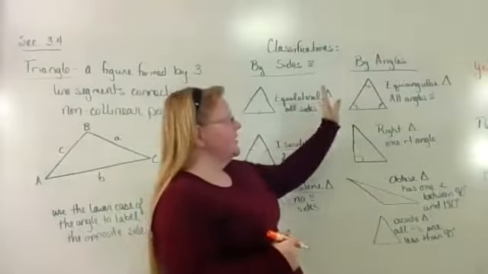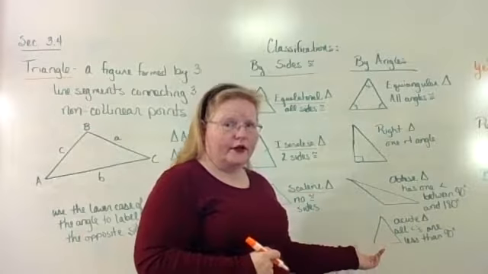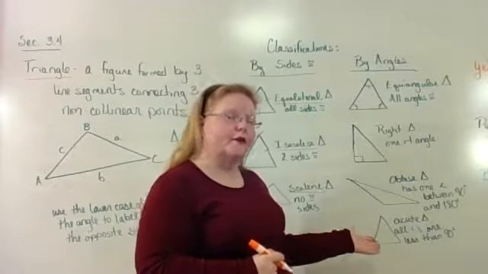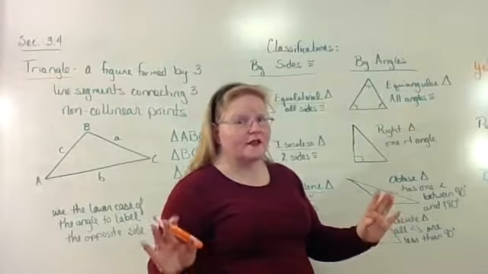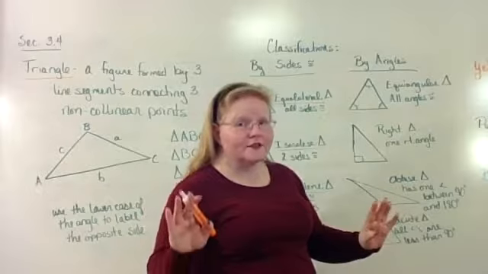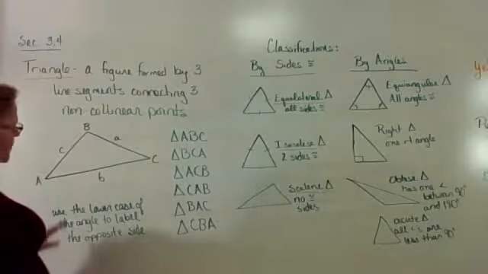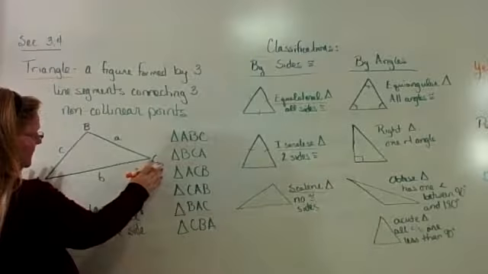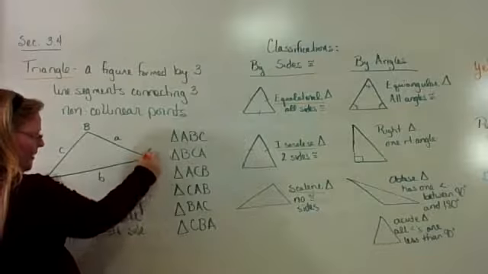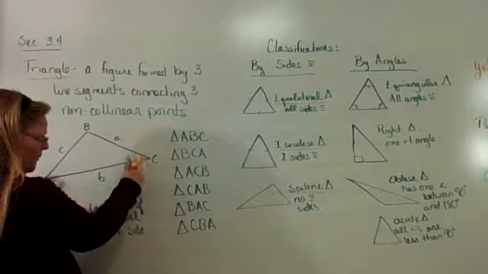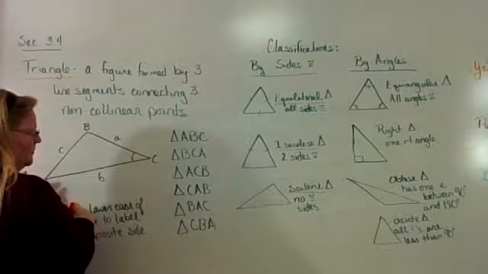Or you can classify them by angles, which means we're talking about the angles of the triangle, not the sides of the triangle. Now, once again, just in case somebody gets upset, because I've had students have really serious issues with this in the past: when I'm talking about angle C, I'm not talking about this spot or that point. I'm talking about the space in here.